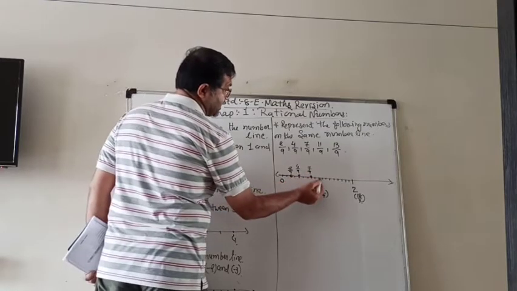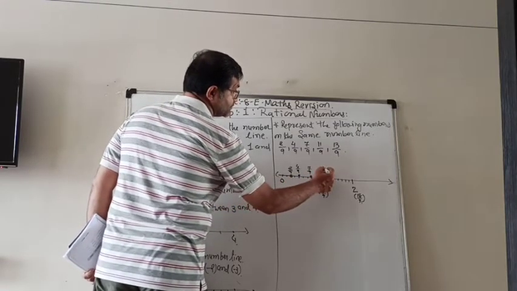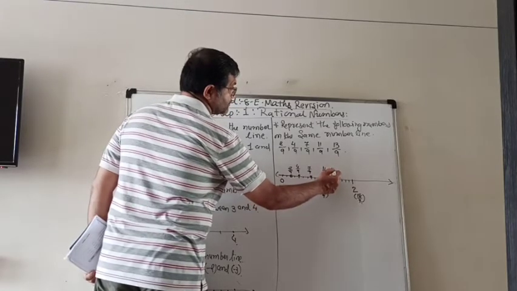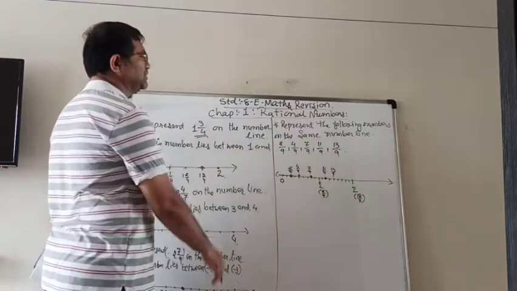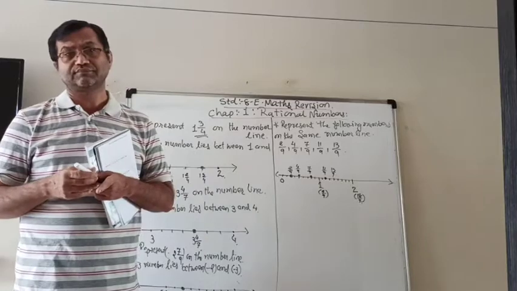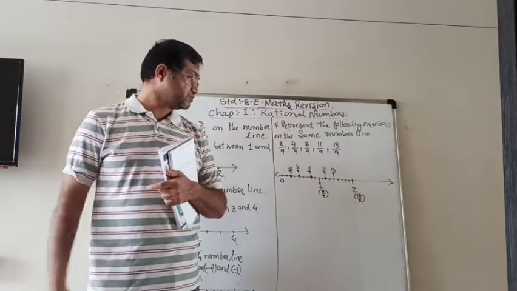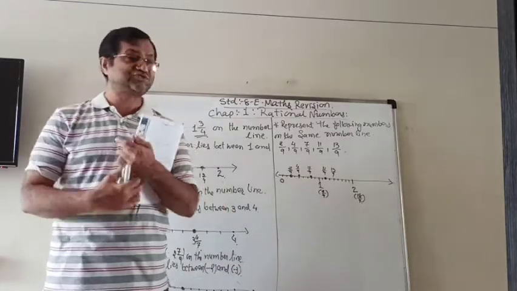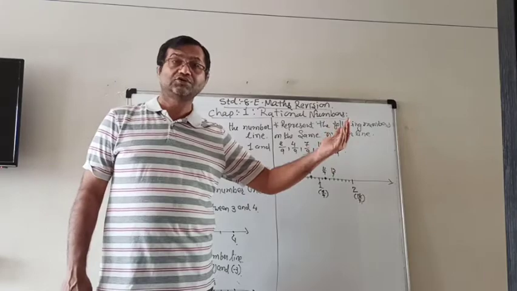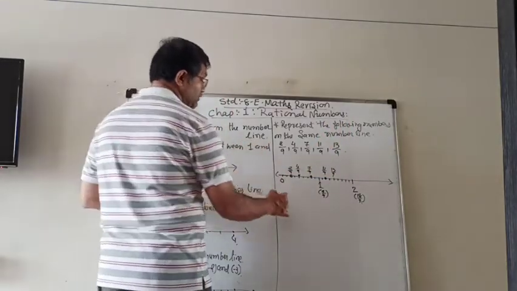Now 8 upon 9, 9 upon 9, 10 upon 9, 11 upon 9, 12 upon 9, 13 upon 9. Say like that. So when there is more than one number on the number line, what do we do? We take the whole number line and check whether the last number is more than 2 or not, then you will go further. Let's take another one with negatives.